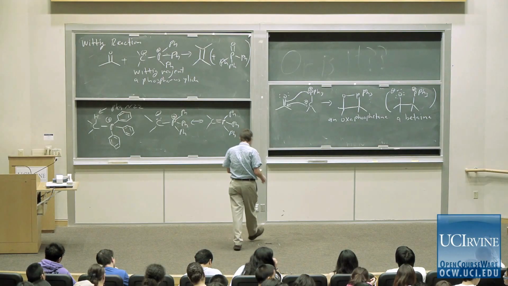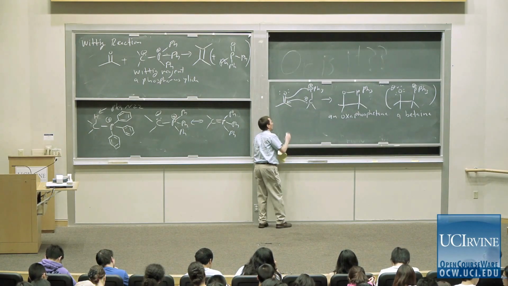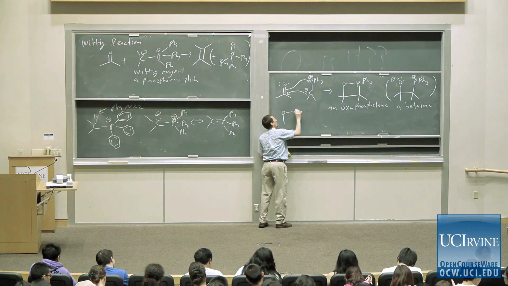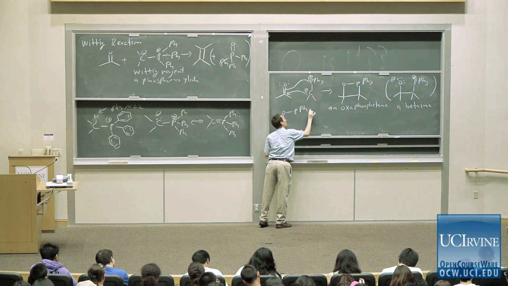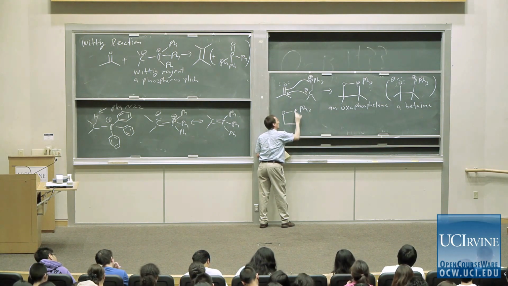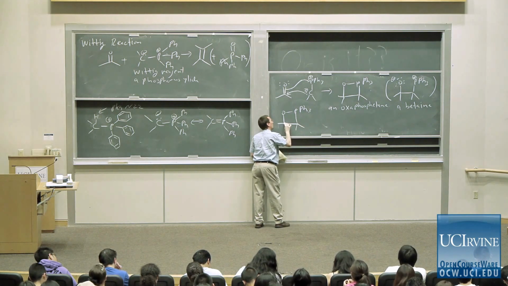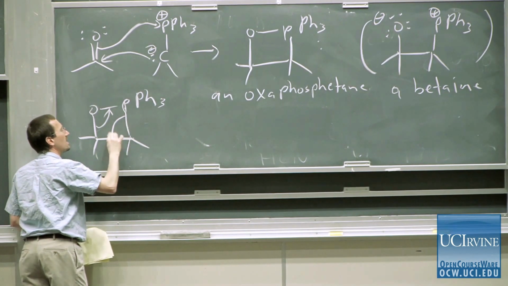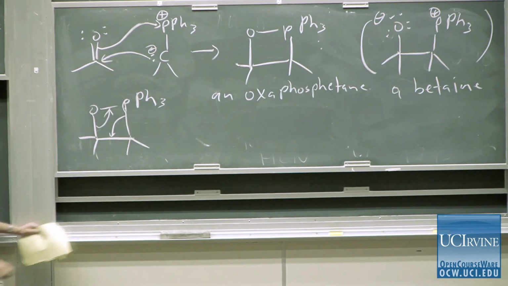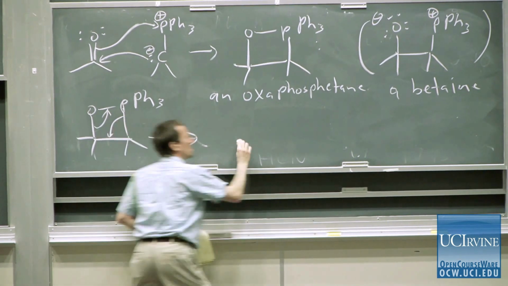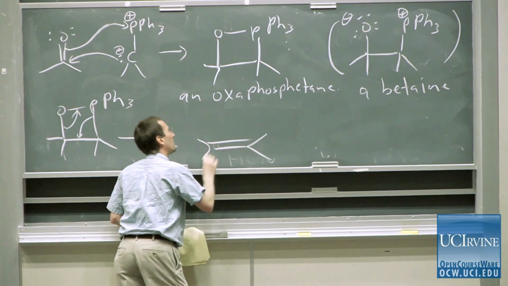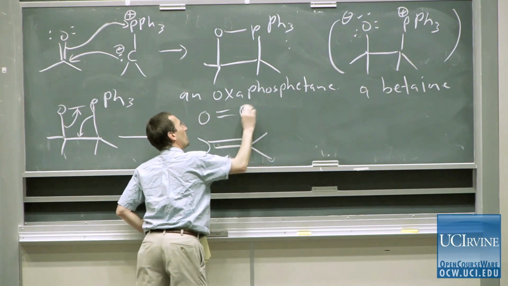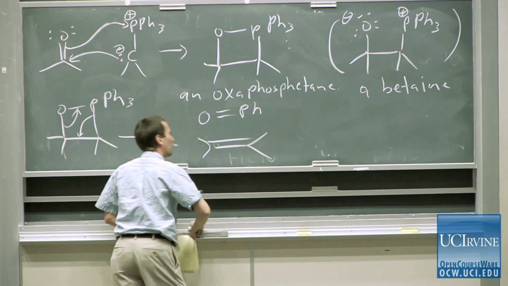In a second step, the oxaphosphetane breaks down, and the oxaphosphetane breaks down again in a concerted process, giving rise to the alkene and triphenylphosphine oxide.